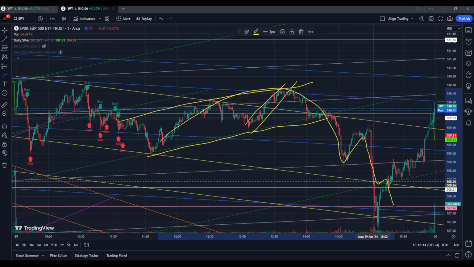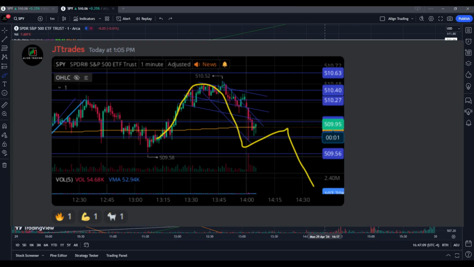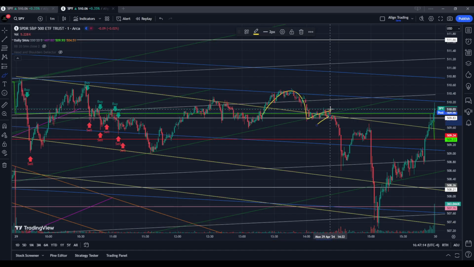We got a great flush a couple of times here, both great trades if you took them. Right here for this trade, this was the inverse cup and the handle that gave that move down right here.